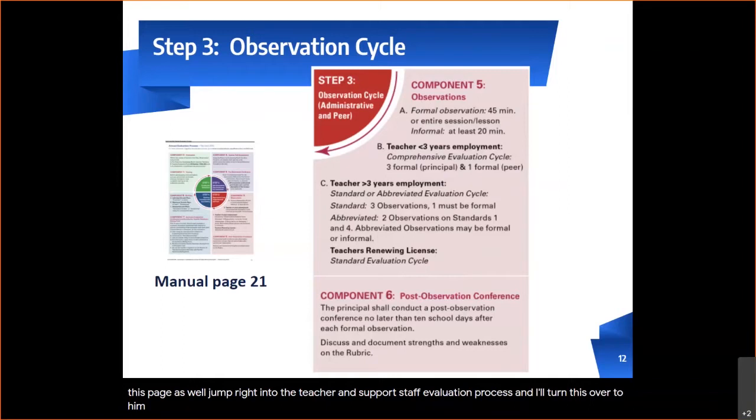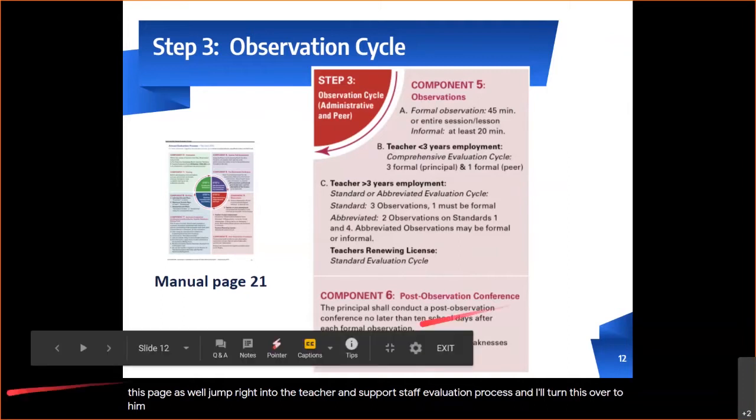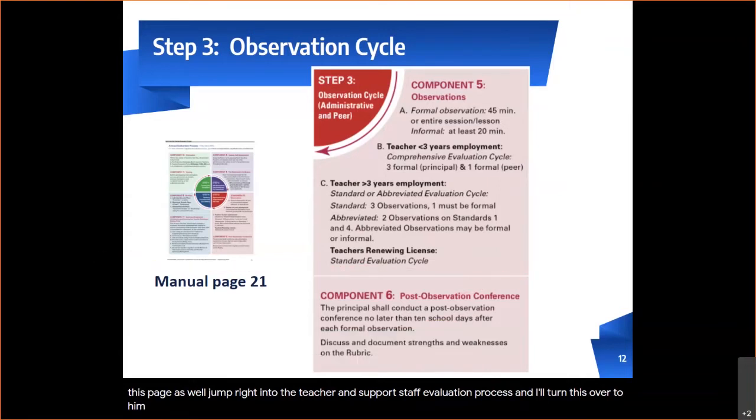But if you do not have your post-observation conference within 10 days, we strongly recommend that you do another observation, because the feedback that you would be giving becomes irrelevant after 10 days, making the process less meaningful and less effective. So post-observations, again, are not required for informal observations, but are recommended so principals and teachers have an opportunity to discuss best practices.